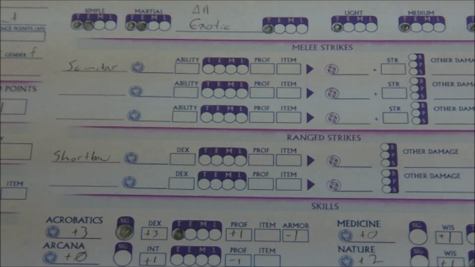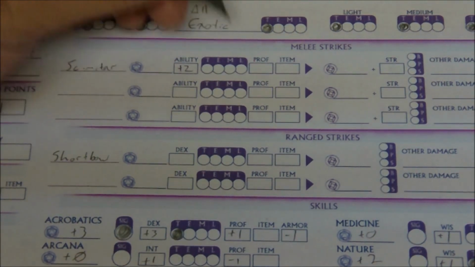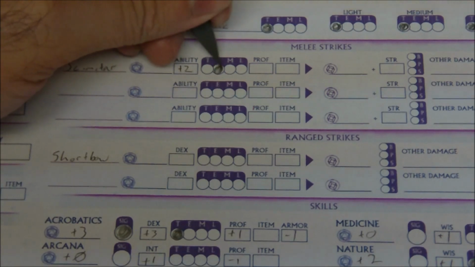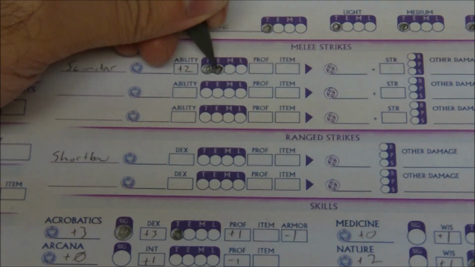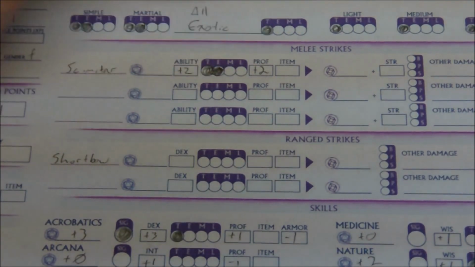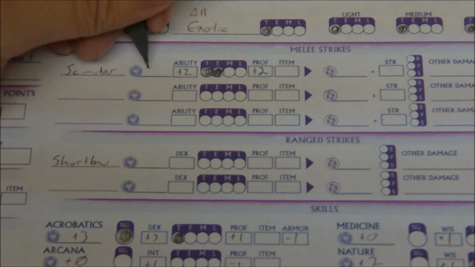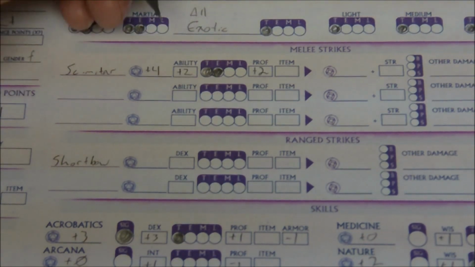So my strength ability is a +2 modifier, and I'm considered to be an expert level in weapons. So the proficiency bonus on that is actually going to be +2 as well. Now I don't have any item bonuses. It's not like a magic weapon or a masterwork or anything like that. So I get a +4 bonus on the attack rolls there.